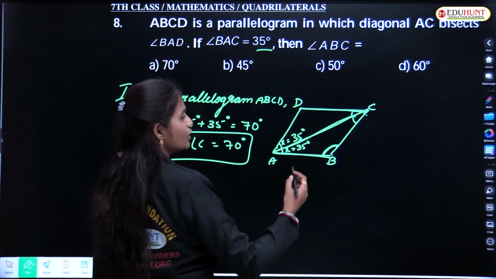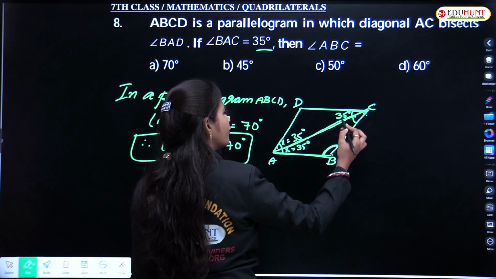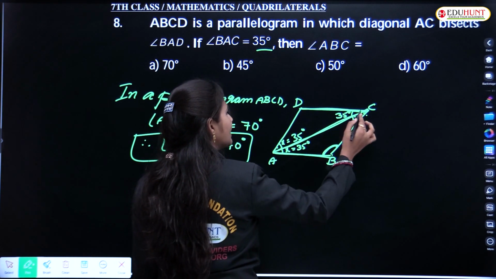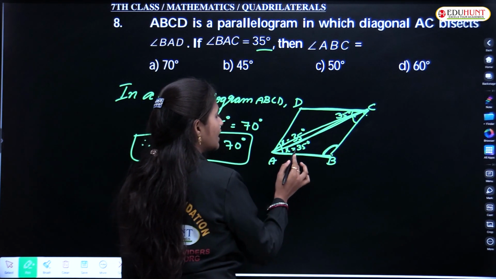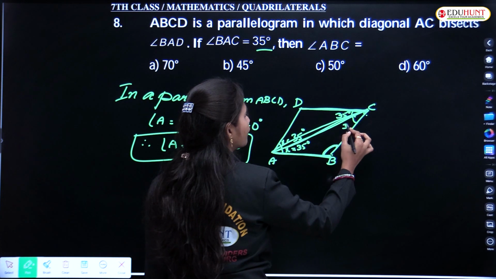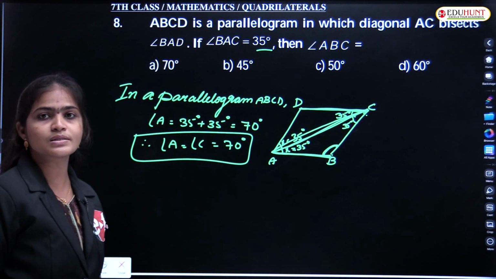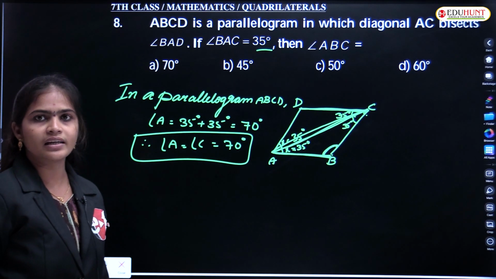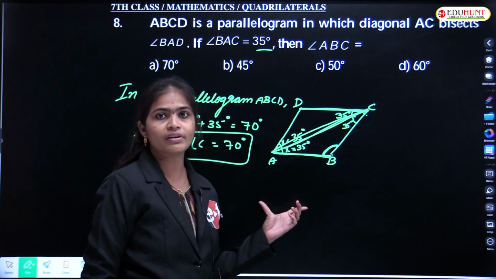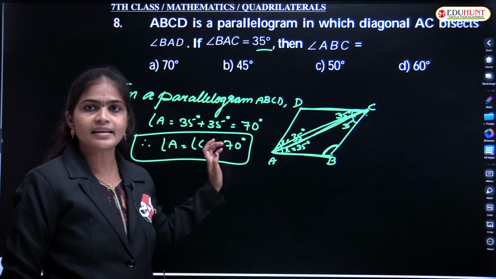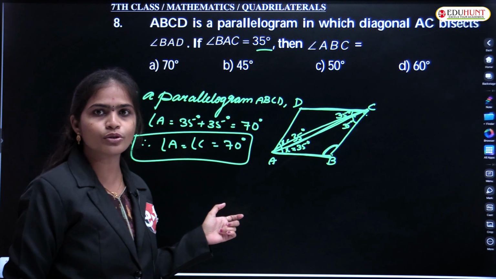In that manner also we can write that x is equal to 35, so this is also 35. By using alternate interior angles, we discussed this in elementary geometry. If two lines are parallel and a transversal intersects them, alternate interior angles are equal, and alternate exterior angles are equal. Do you remember all those conditions?